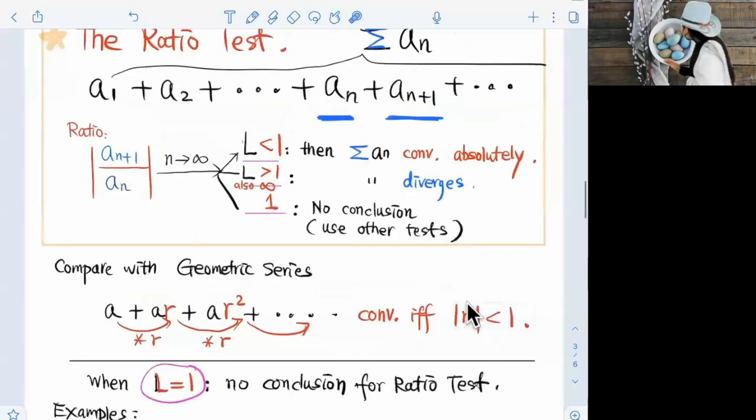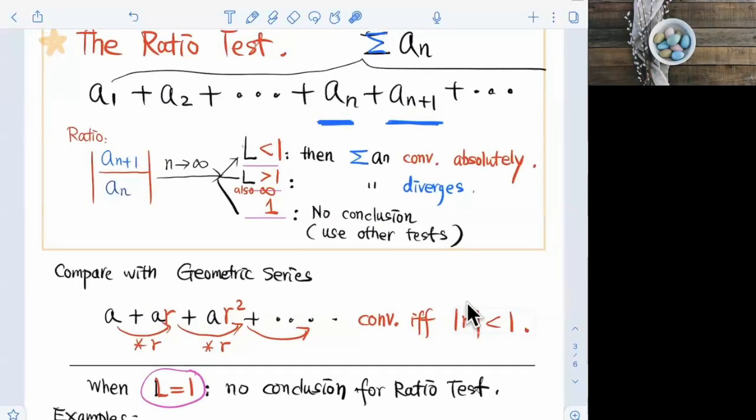Think about this: a(n+1) over a(n), the next term over the one before, is kind of like a common ratio, and they behave that way in the long run. When n goes to infinity, the next term over the term before is about equal to a number less than 1.